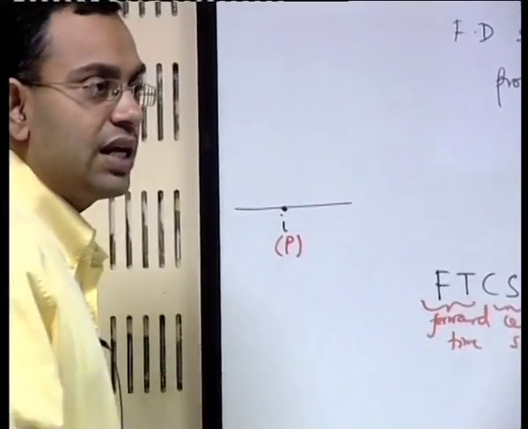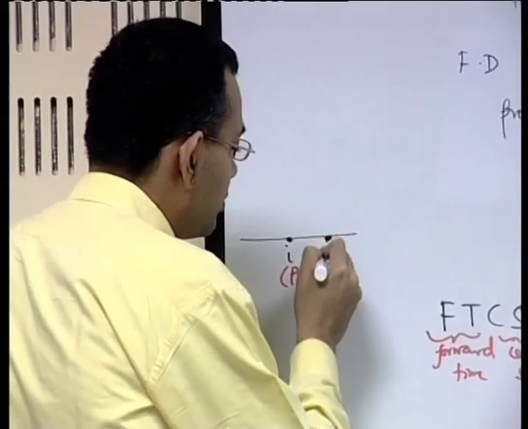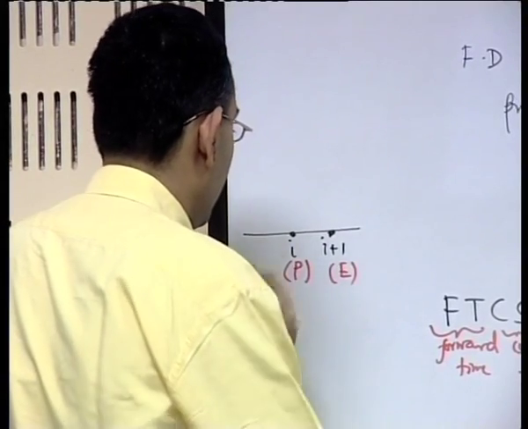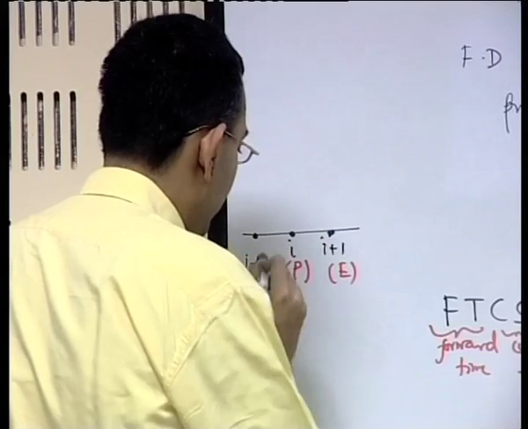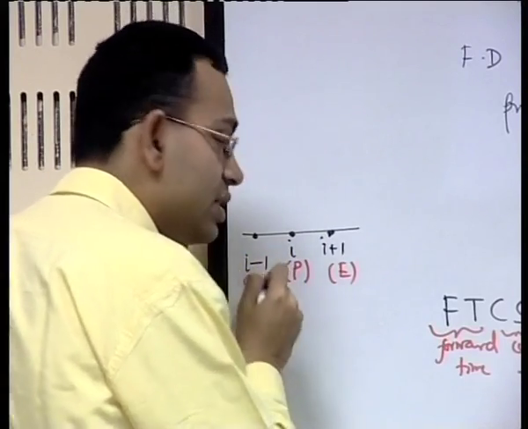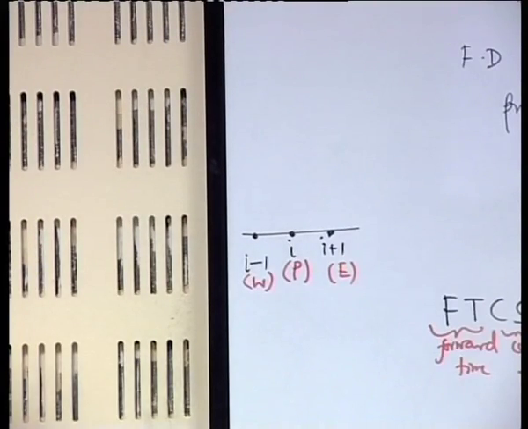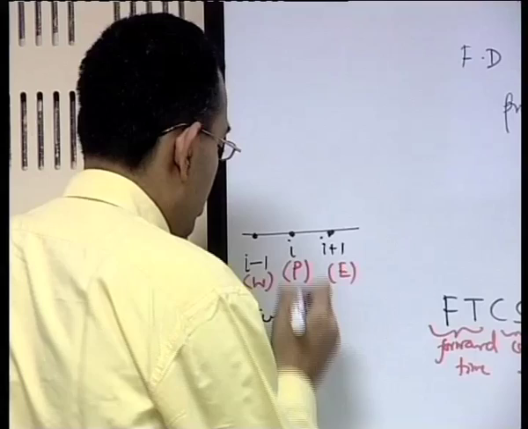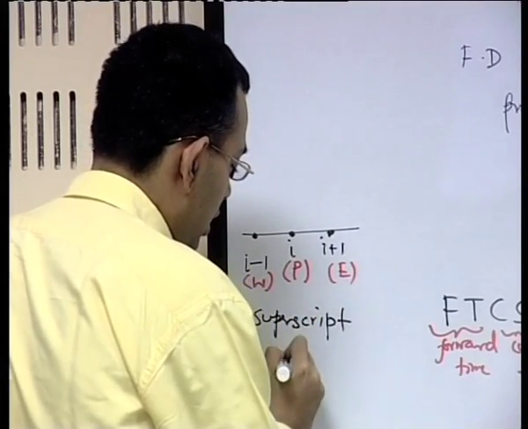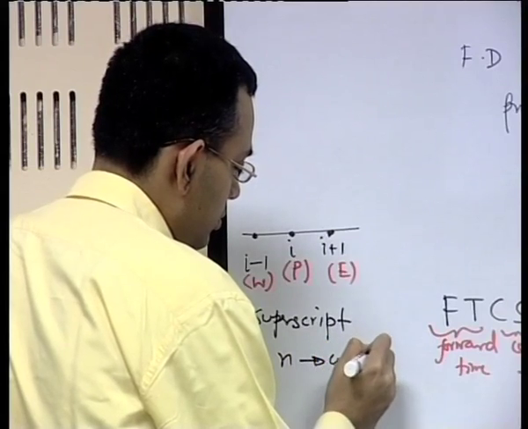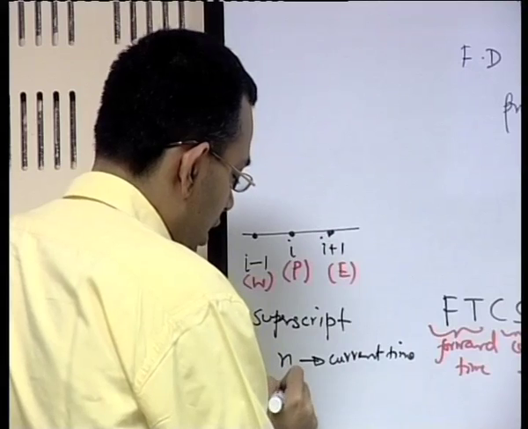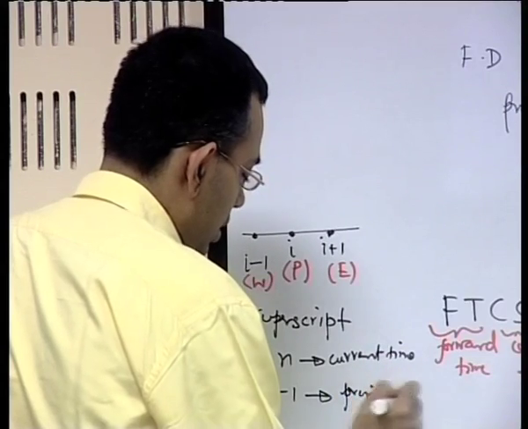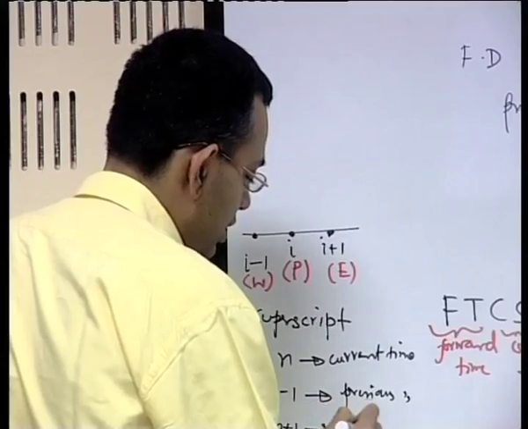The same we will use, an index i plus 1 for E, i minus 1 for W, just to give the analogy of the nomenclature, and superscript n for current time, n minus 1 for previous time and n plus 1 for next time.